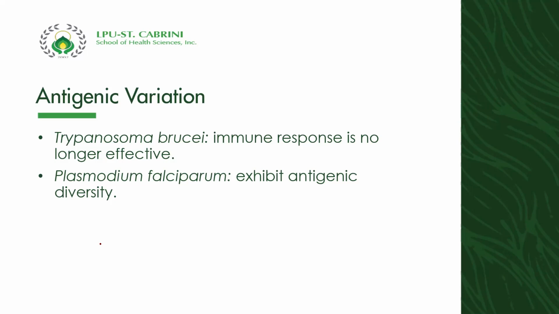Example of which is Trypanosoma brucei. In Trypanosoma brucei infection, the initial host response against the surface glycoproteins of the trypomastigote is very effective. But in the subsequent releases of the trypomastigote, the immune response is no longer effective since the parasite has already changed the antigenic profile.